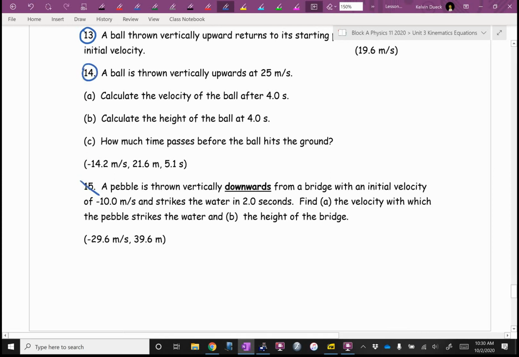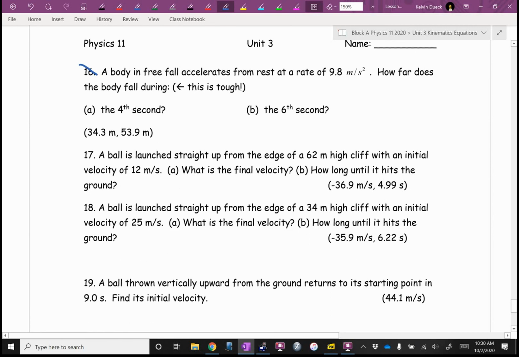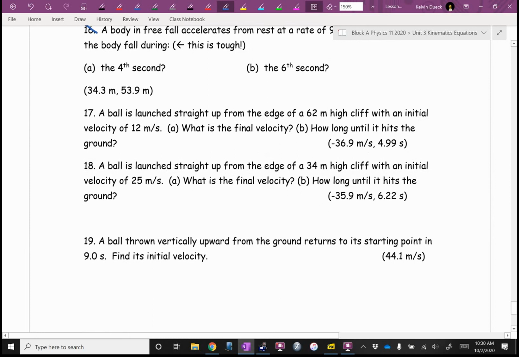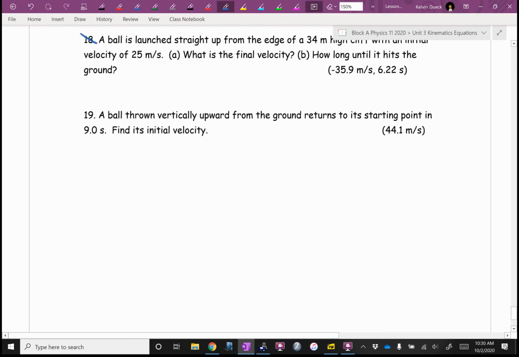Skip 15. 16. Skip 17. I already did one like that. Skip 18. You can try 19. Where's 20?